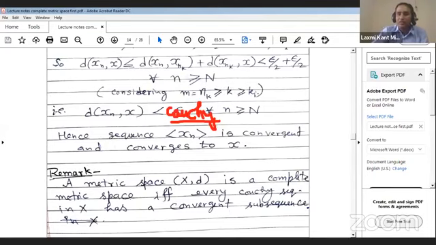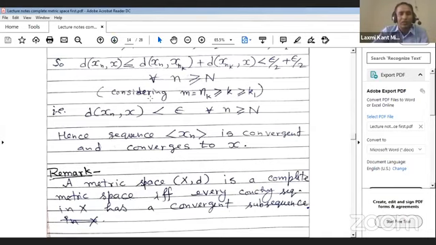So the distance between xn and x is less than epsilon for every n greater than or equal to capital N. Hence, our sequence is convergent and converges to the same limit x. Now we have a remark that a metric space (X, d) is a complete metric space if and only if every Cauchy sequence in X has a convergent subsequence. This is just a consequence of our proposition.